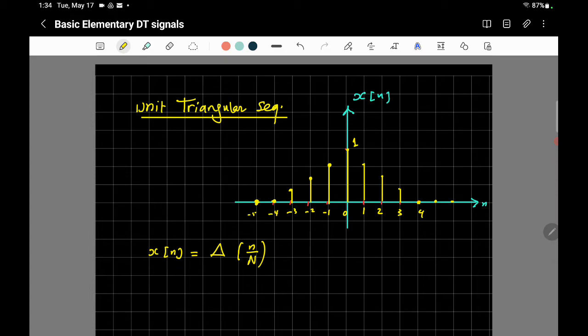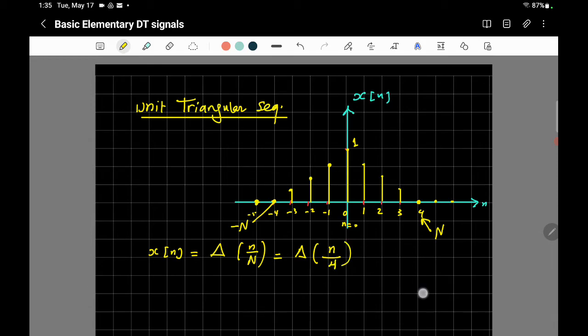Where is n here in this example? That's your n. The first 0 here, that's the first 0 on the negative side. That's negative n. So in this particular example, that will be the triangular sequence n, because it's symmetric about n equals 0. And n in this case is equal 4.